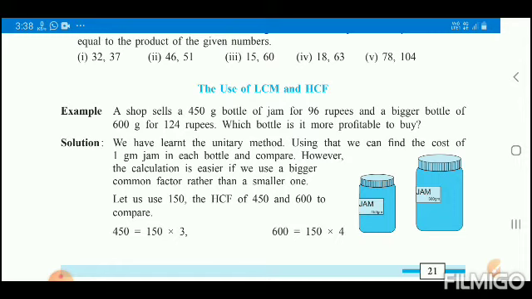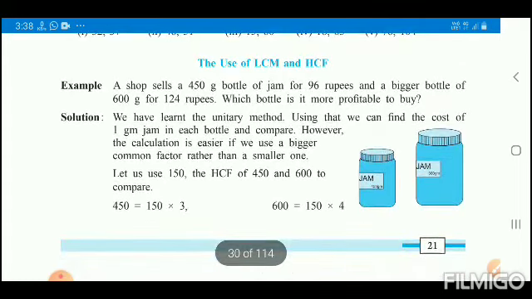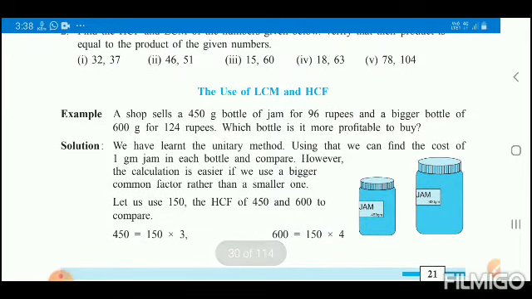We have learned the unitary method. You know, unitary method means we are finding the value of one from many. So, using that, we can find the cost of 1 gram of jam in each bottle and compare it. However, the calculation is easier if we use a bigger common factor rather than a smaller one.